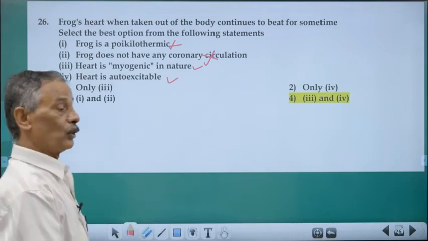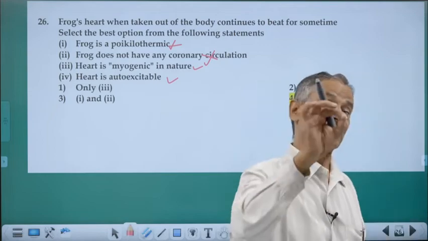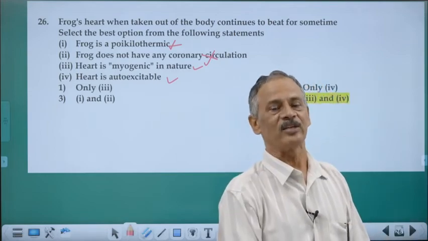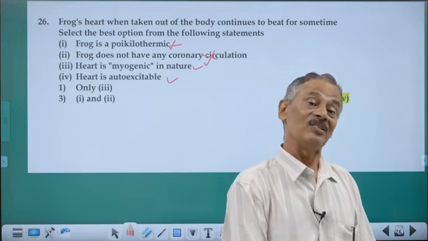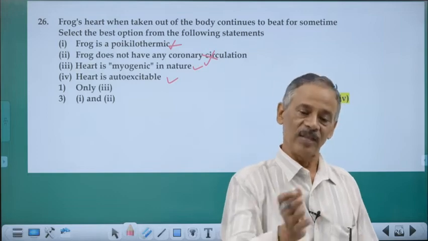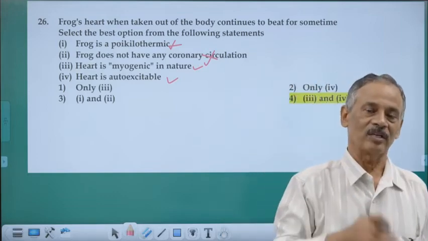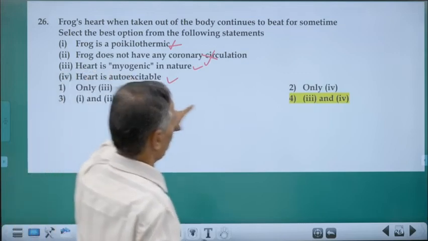See, a neuron is not self-excitatory. There must be a stimulus, then only a neuron becomes excited, active. Whereas these AV nodes are all self-excitatory. Even without an external stimulus, they will go on being active rhythmically. Okay, so 3 and 4.